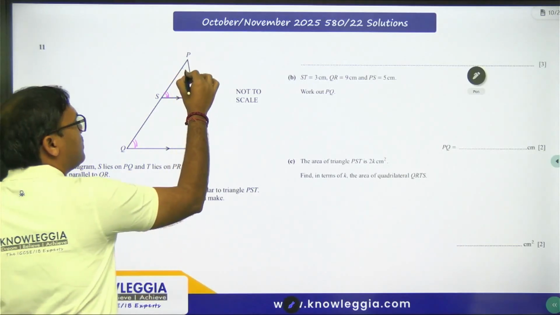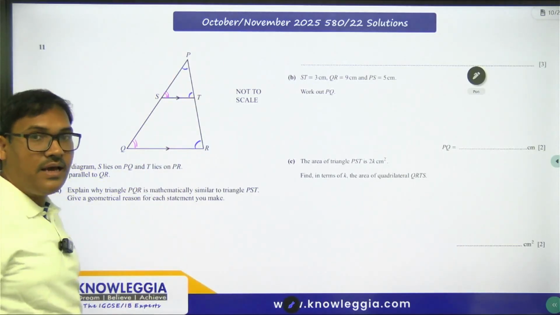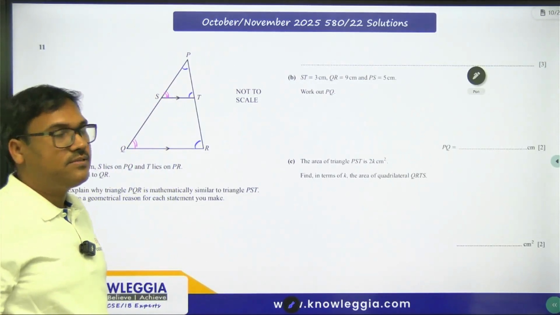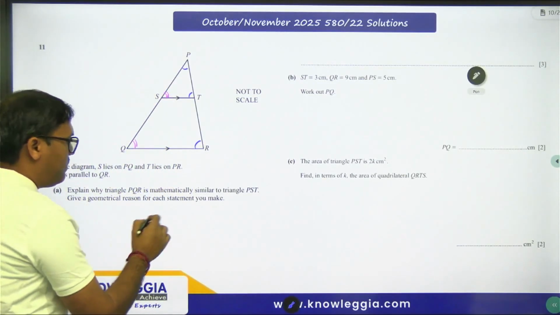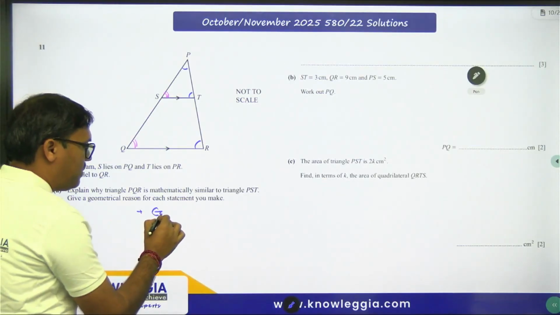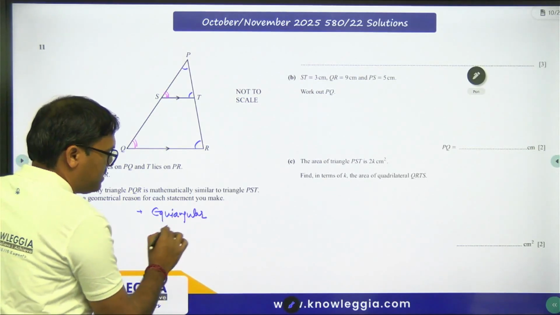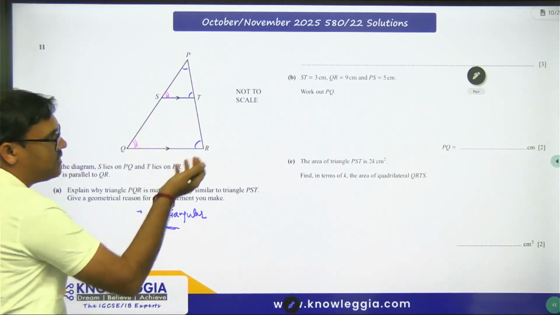So two triangles have the same angles. All the angles are equal. That means the triangles are similar. You can see why they are similar, because equiangular. That is all the angles are equal. You can show by using corresponding angles.